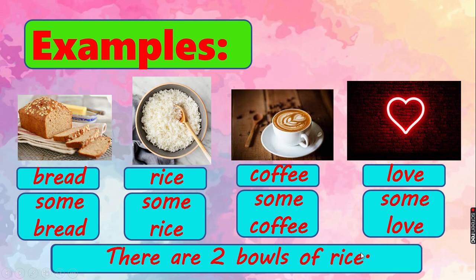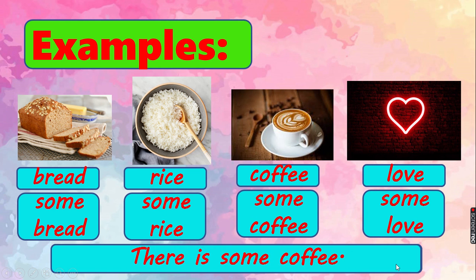No. It's still rice. We use are because of the word bowls. Because bowl is a count noun, and we counted the bowl. We did not count rice. There are 2 bowls of rice.